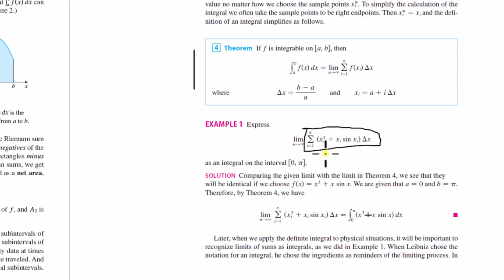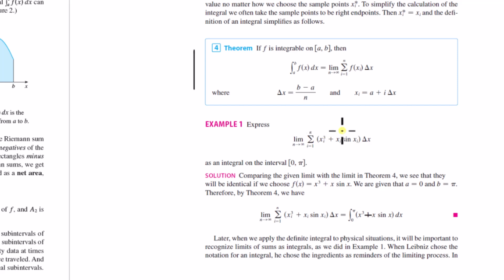It doesn't matter. Here, it happens to be the right endpoint because we just discussed this theorem, but it doesn't have to be. As long as you see we're summing from i is equal to 1 to n, and it's some function evaluated at any point within each interval, and then times delta x, then the limit as n approaches infinity of that is going to be the same no matter what, left endpoint, right endpoint, whatever.